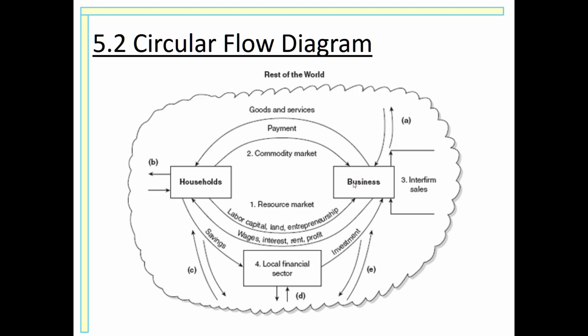For instance, if businesses sell a final good to somebody that lives outside of the region you are thinking about, let's say a county, to somebody outside of the county, that's going to have an inflow of money into this circular flow.